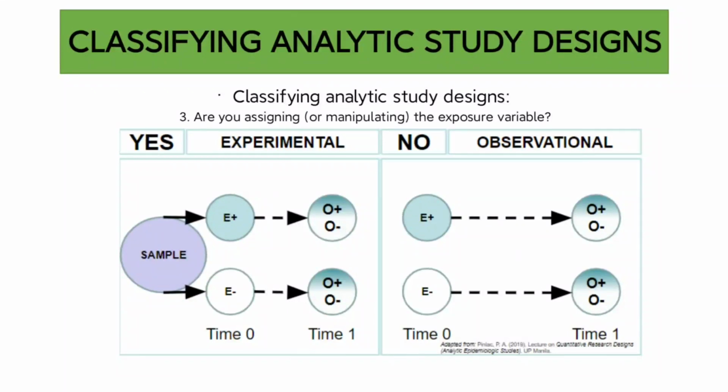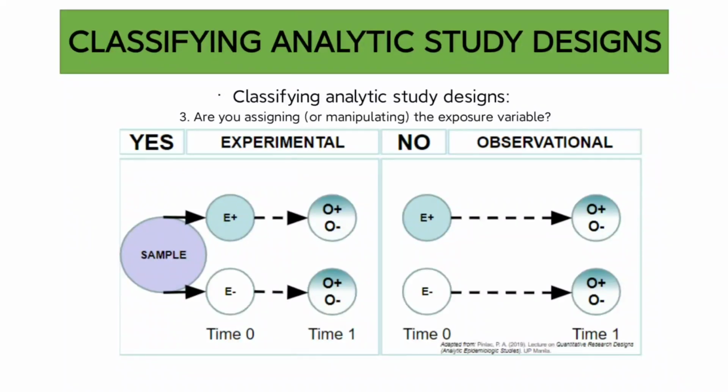Since you can manipulate the exposure variable, pwede mong piliin sino yung mga sample mo for that particular drug trial. Okay? And then again, after observation period, babalikan mo sila if there's an outcome. Effective ba yung drug na ginawa mo?